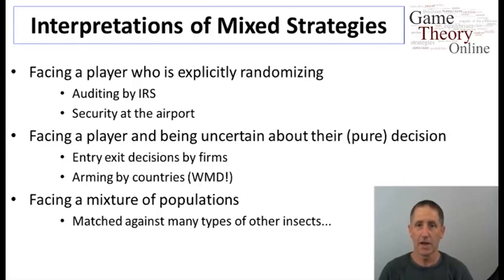Whether they enter or exit the market will have strong impact on whether entering a market for you is beneficial. And you may have some assessment about their decision-making process and end up with some assessment that with some probability they will, say, enter the market. So that would be another way to interpret the uncertainty, the mixed strategy of the other player.